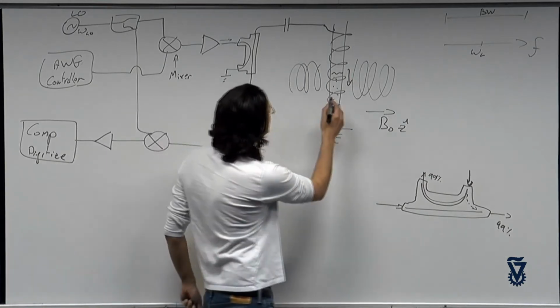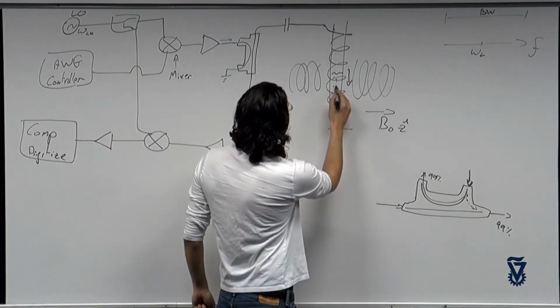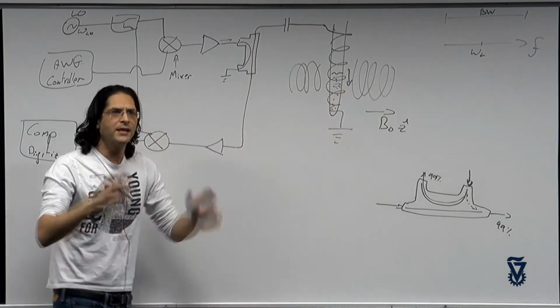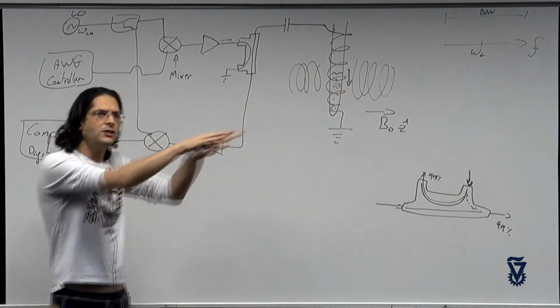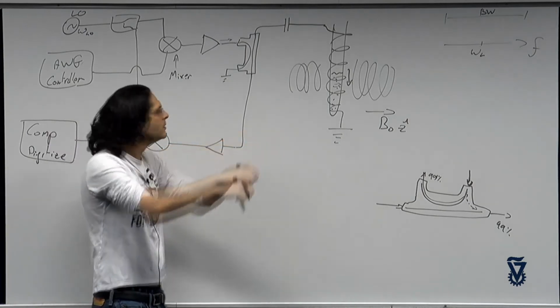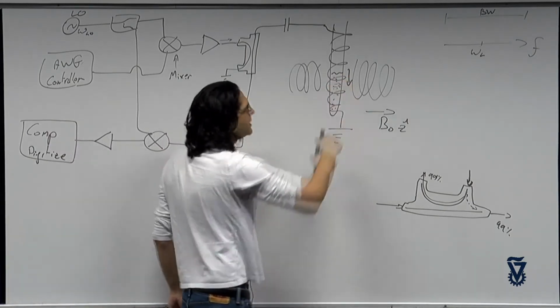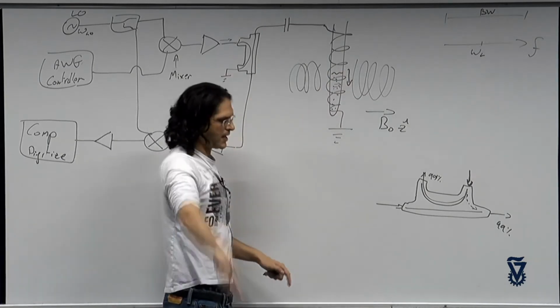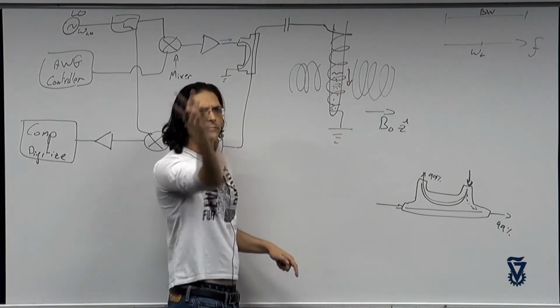Now, the spins in here, we're putting a big B field, so the overall average magnetization is mainly aligned with the B field, and the AC field is being applied in the transverse direction, so the spins will be oscillating this way.